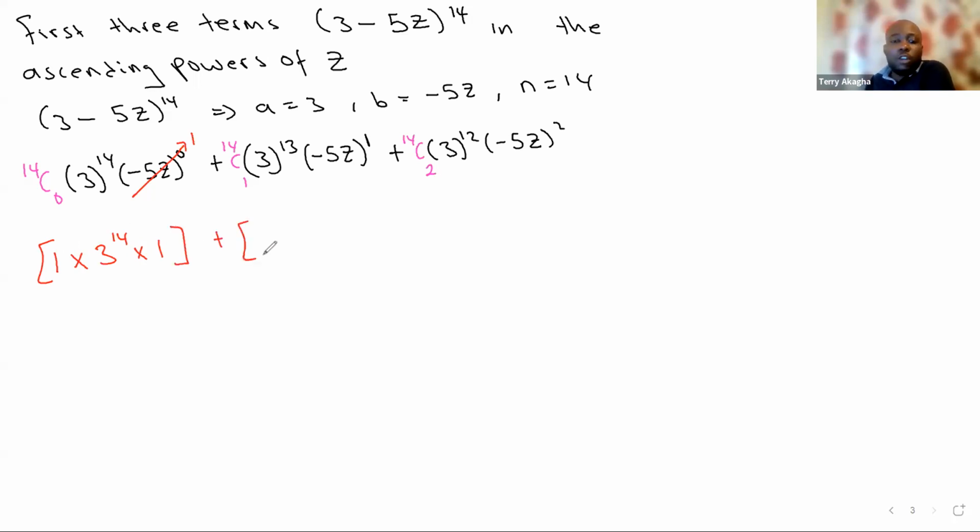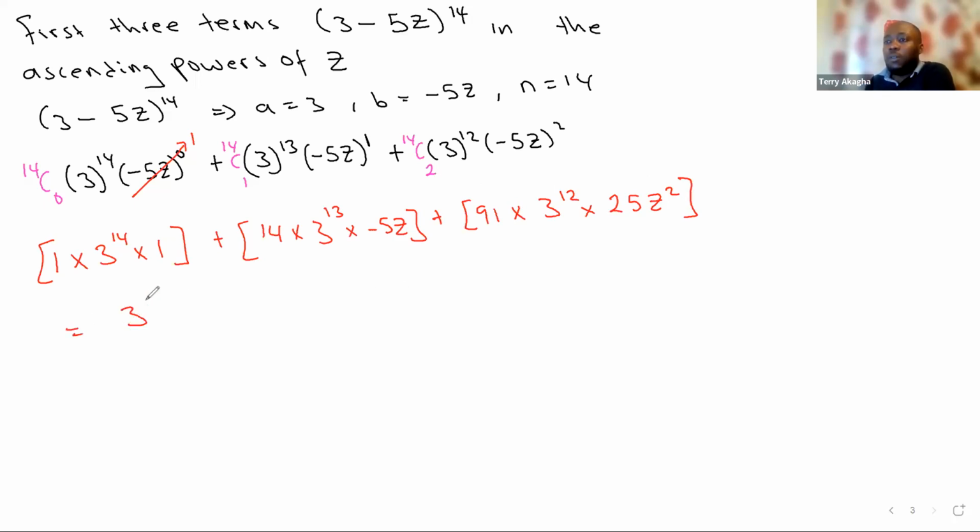Then 14 combination 1, when you press your calculator, should give you 14 times 3 raised to the power 13 times minus 5z. Plus 14 combination 2 should give me 91 times 3 raised to the power 12 times 25z squared. Okay, and when we have that, you can now simplify.